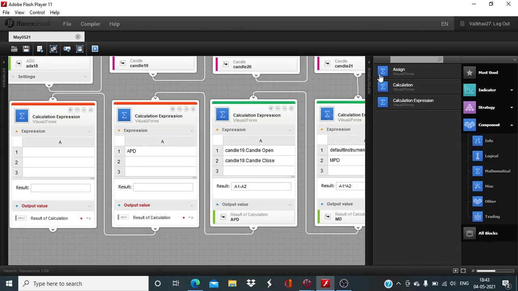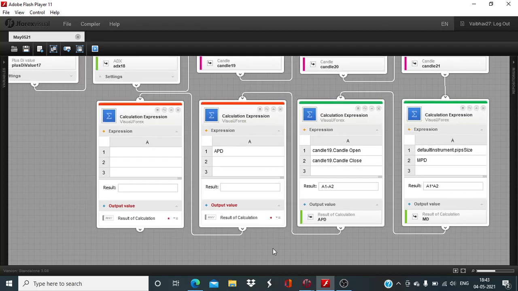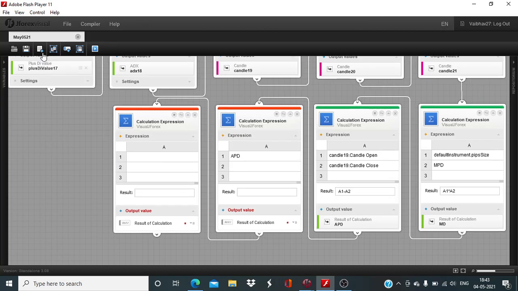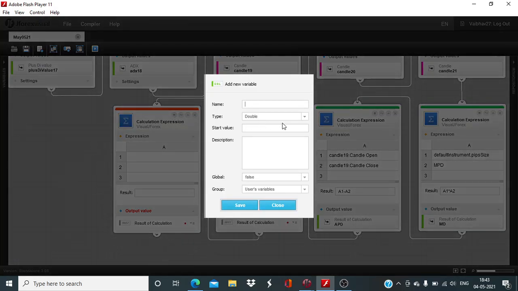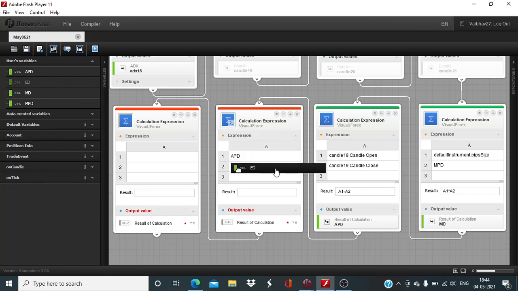This is the actual pip difference between the candle 19 candle open and close, and we will multiply it with a new variable. This will be execution difference, 0.25. A1 into A2.